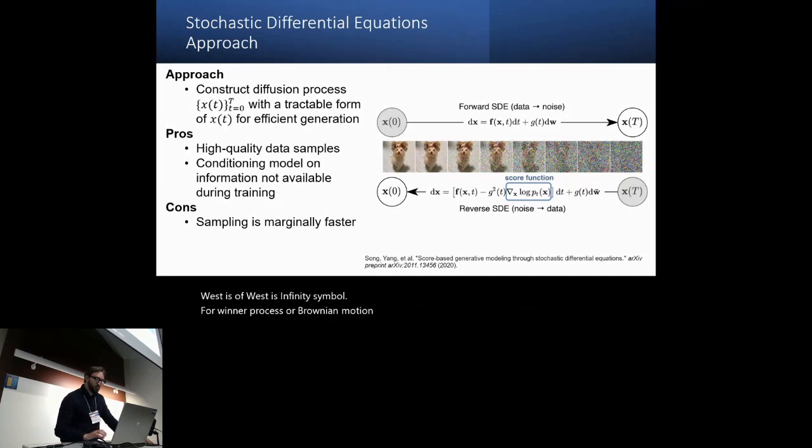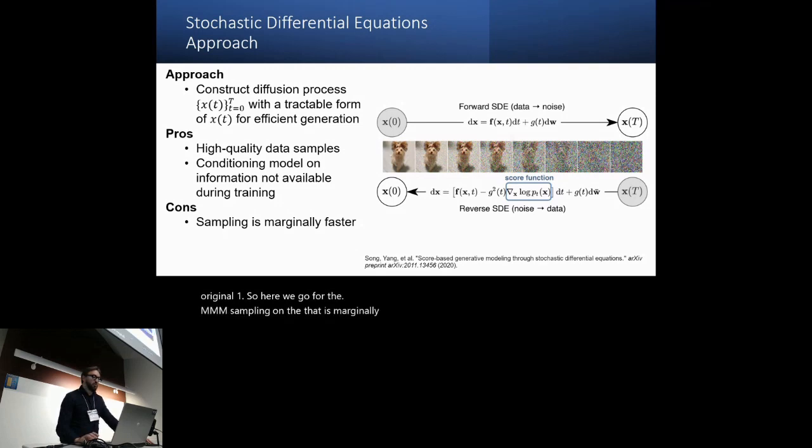So overall, we can also write down the reverse SDE and train the model to learn the score function that matches the data back to the original one. So here we got the sampling only that is marginally faster.